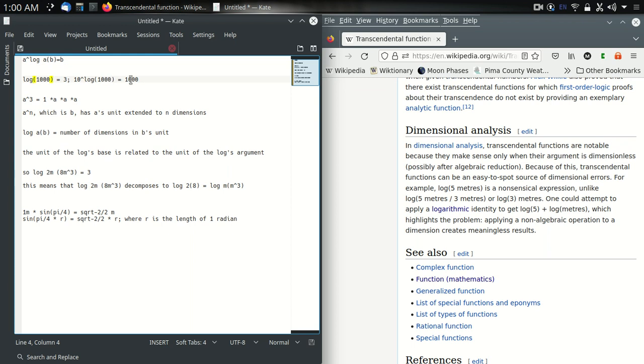So this and this are the same thing. And then looking at exponents, a to the 3rd power is 1 times a times a times a, right? We multiply it 3 times. So a to the n, which is b, has a's unit extended to n dimensions, right?